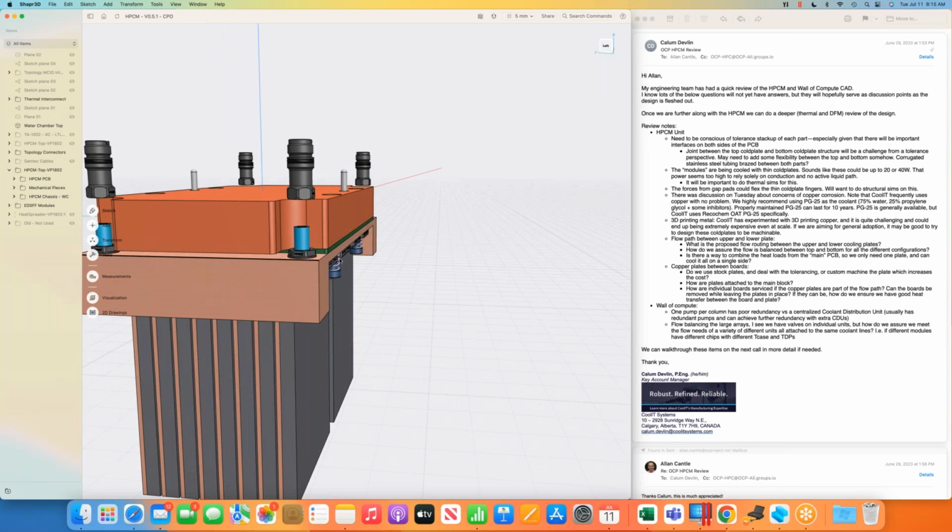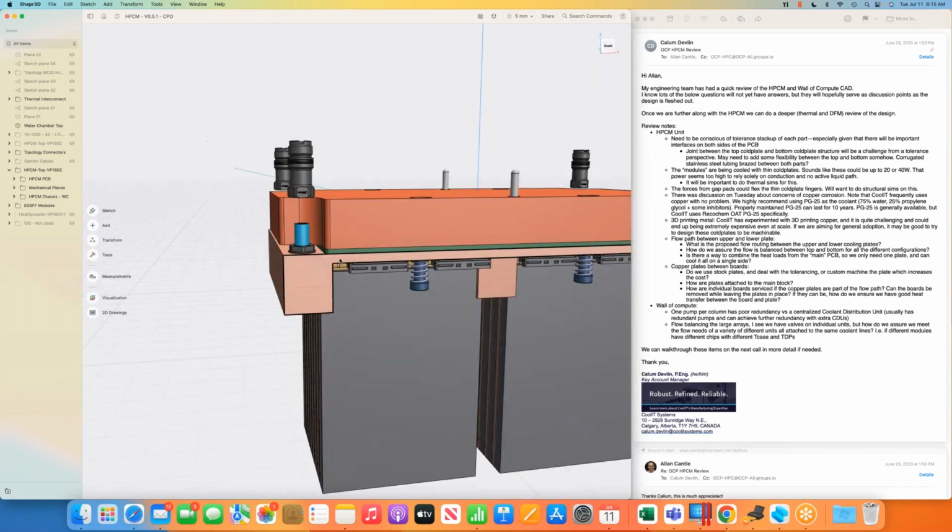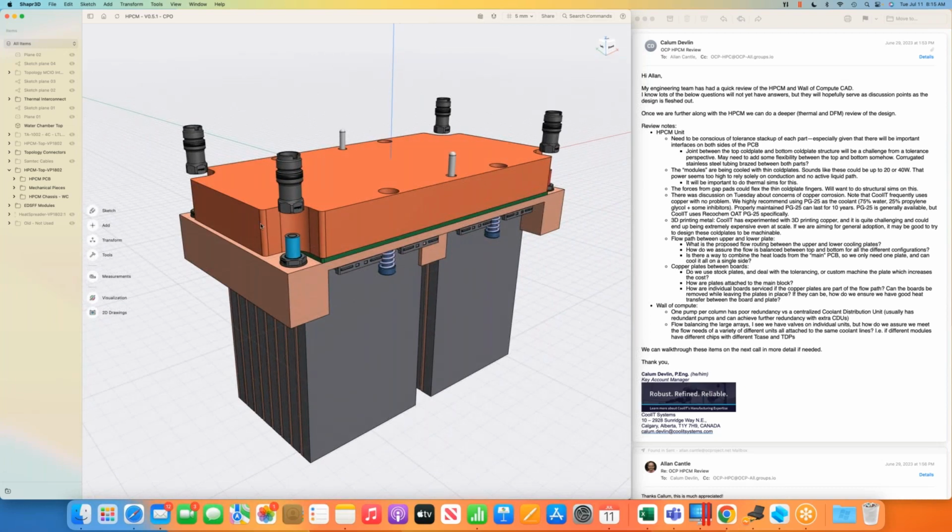It would need to be separable because you need to mount the PCB between it. And so the only thinking that was coming to mind here was if with these two water connectors, we actually had one of them going into the top piece and the other going into the bottom piece. Mm-hmm. And so separate circuits, so to speak.